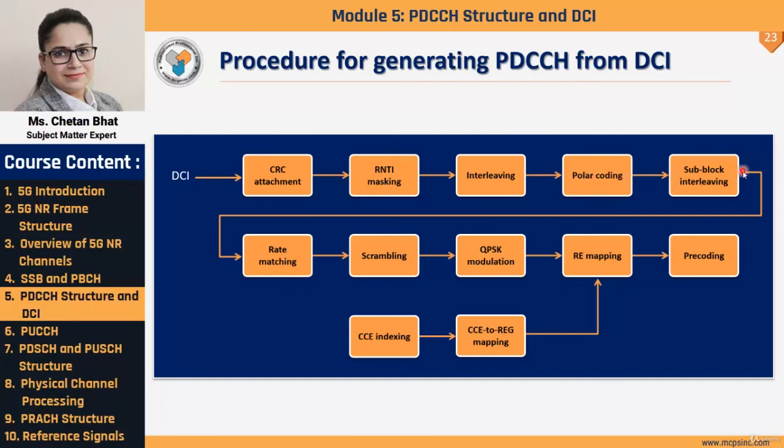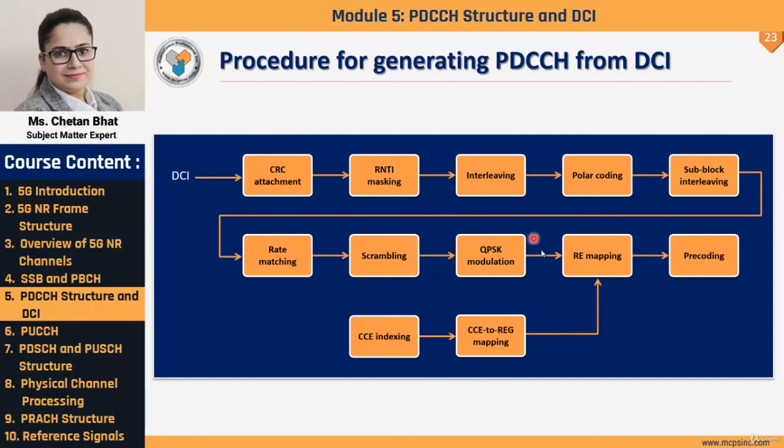Then interleaving with respect to the sub-blocks. Then rate matching: in case we have fewer bits with respect to the transport block size format, we can add bits, and vice versa. Then scrambling, so that we can protect the information.